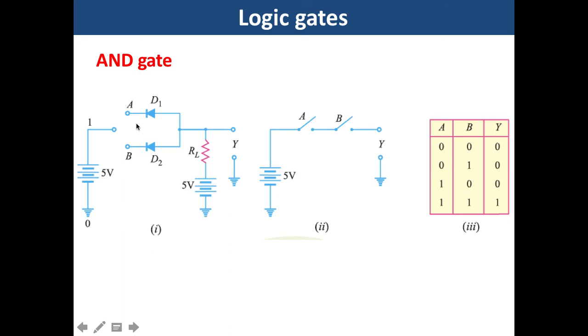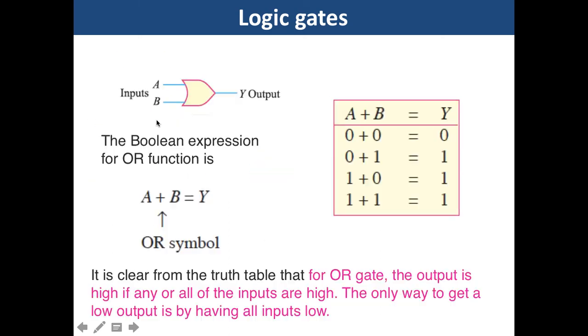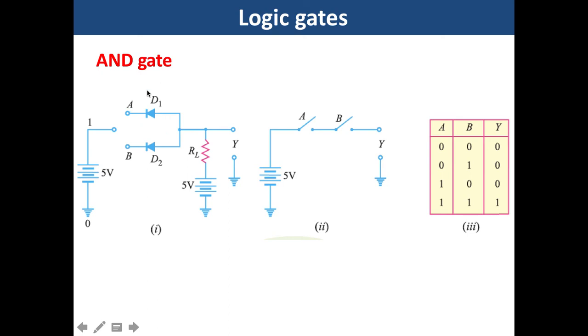If you apply the same conditions here, you can see the direction of the diode is changed as compared to the OR gate.